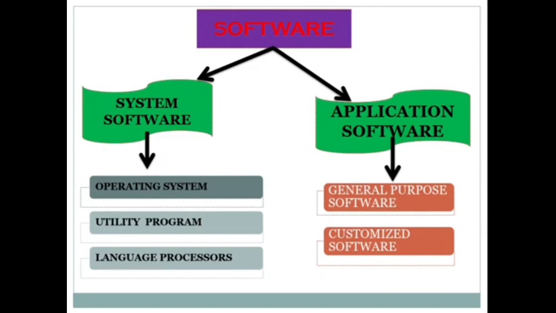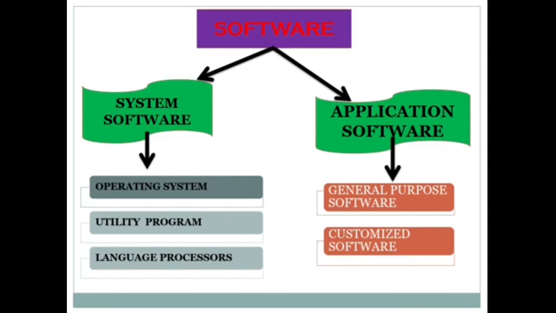Here general purpose software means those software will be used by all the users. Okay, for example, Paint I can also use, you can also use, or some other person also uses. But customized software, for example, in the grocery shop they make the bills, no, that software is not useful for me, because I do not have any grocery shop.